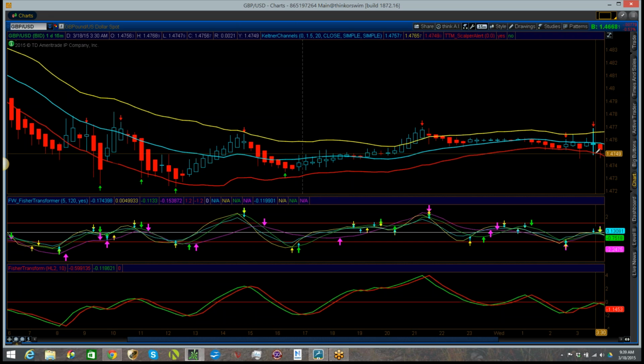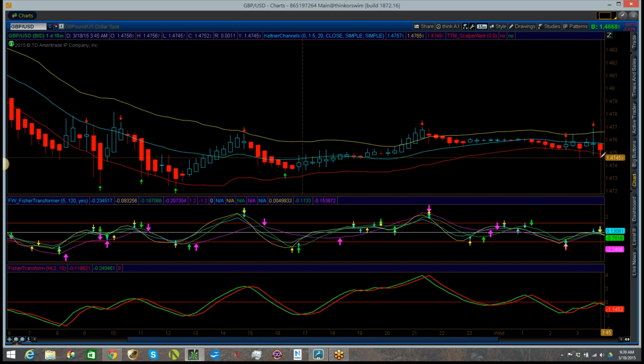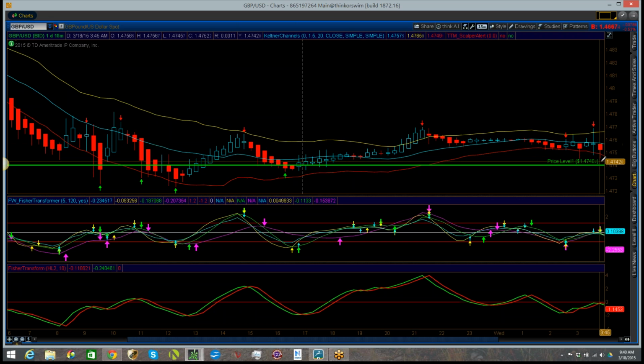Or you can take the Keltner channel as a guide, but I will take this wick. It's at 47.45. I will bring it to maybe, let's just say, 47.40, okay? And you will be looking out for a strike around 47.40.